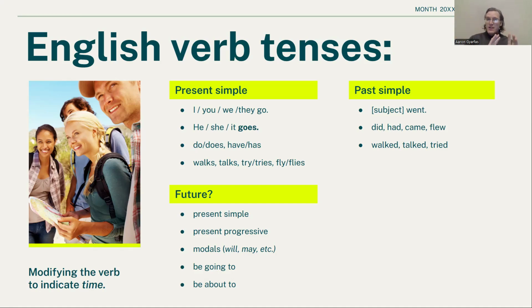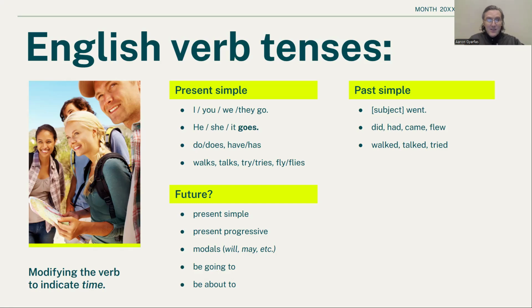For future tense, we don't have an ending. There's no S or ing or ed ending to the verb that indicates future. So we have to do something else. For future tense, there are many ways in which English speakers talk about the future. We can use present simple.